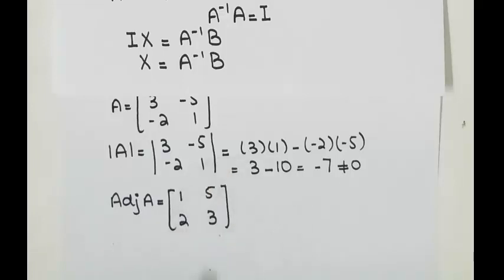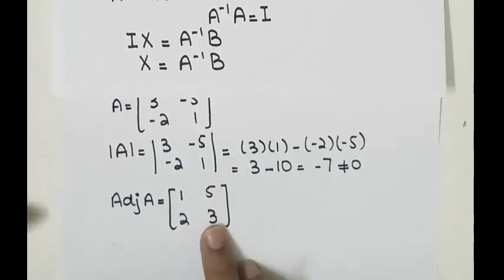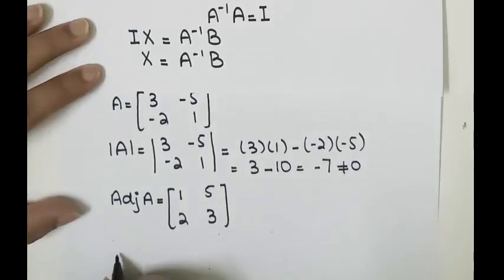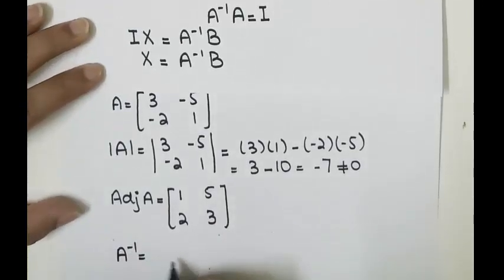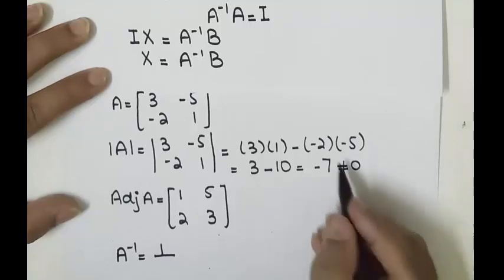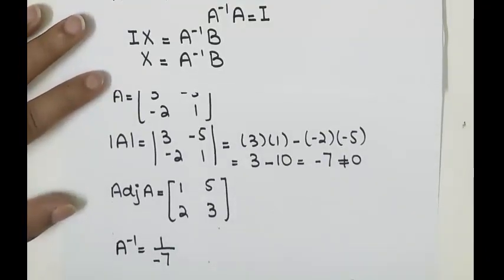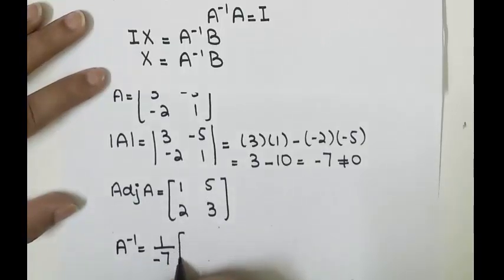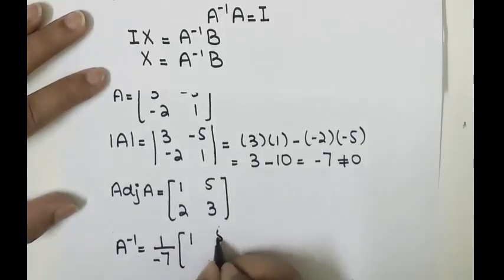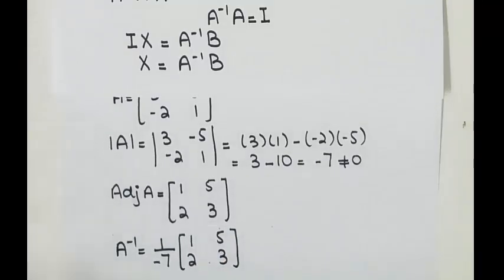So now we will have this term. Now calculating A inverse, which is equal to 1 over the determinant of A, which is minus 7, into adjoint of A, which is 1, 5, 2, 3. So we have A inverse.